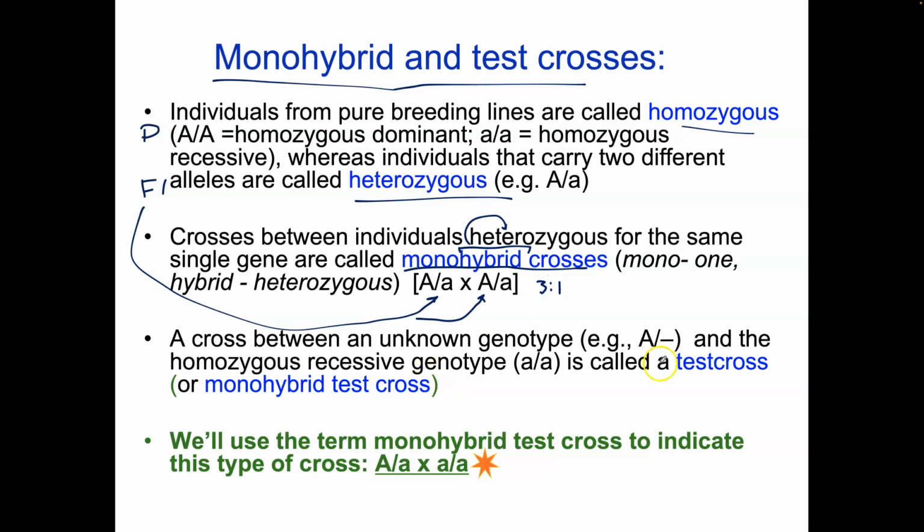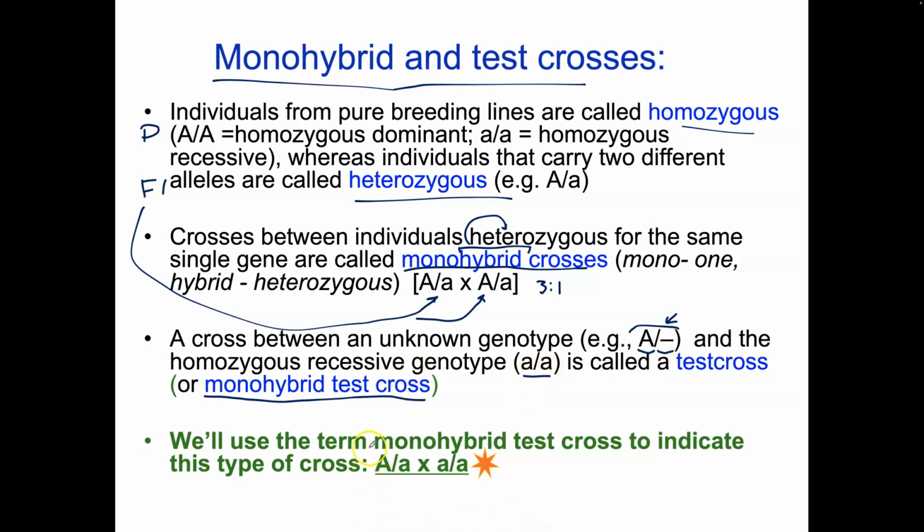Okay. Now, a cross between an individual that has the dominant phenotype but whose full genotype is not known, so we don't know if they're homozygous or heterozygous, to a homozygous recessive individual is called a test cross, or more correctly, a monohybrid test cross. That's because you can use the outcome of that cross to find out if this individual was homozygous dominant or heterozygous, based on what the outcome is.